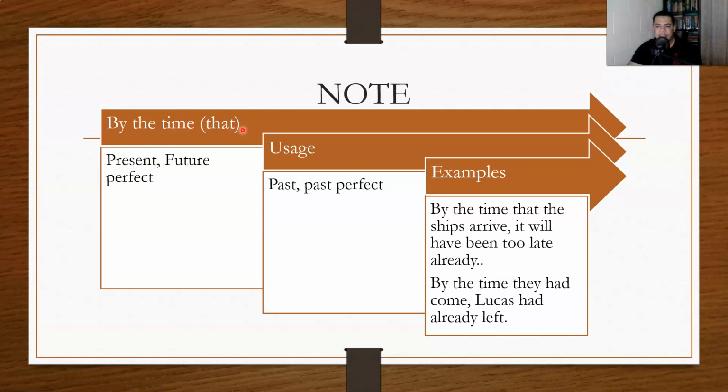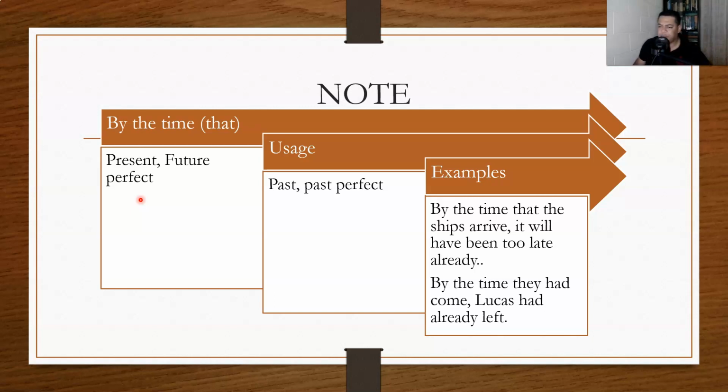If you use by the time that with present, the other section of the sentence is going to be using a future perfect. For example, by the time that he accepts the truth, it will have been too late to save his relationship.